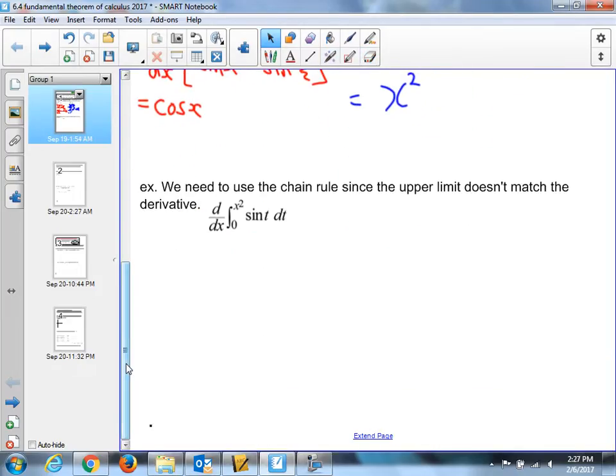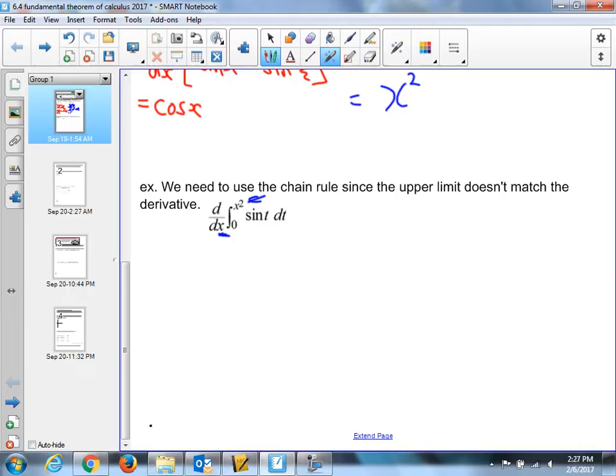What about if we have x squared or 3x or something like that at the top? 0 to x squared. We need to use the chain rule since the upper limit doesn't match. We're going like d by dx, not d by dx with a square root, right? This is a single x, this is an x squared, so that makes a difference.